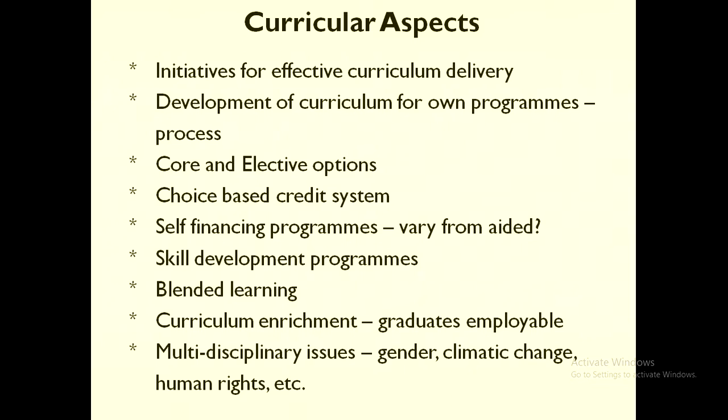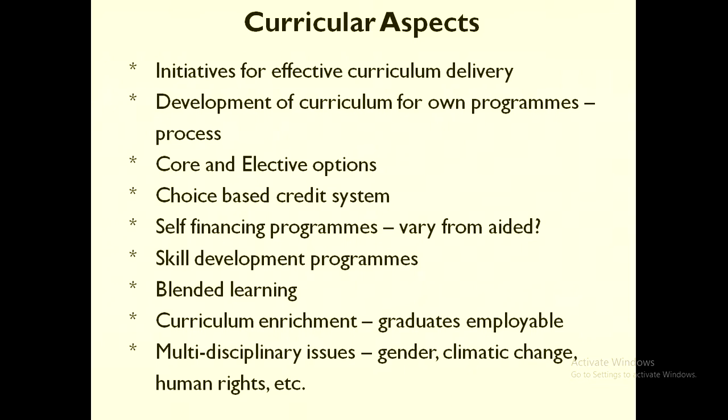We have to set our curriculum based on our mission and vision, our infrastructure, the socio-economic environment of the area, and also the quality of the students. We have to design the curriculum in such a manner that we can deliver it to the students in the best possible way, to get the maximum outcome which will suit our mission and vision.